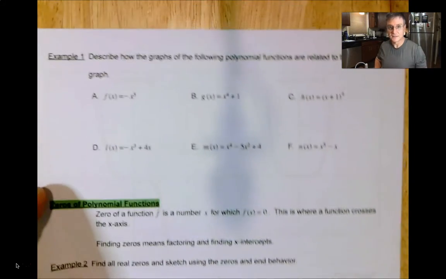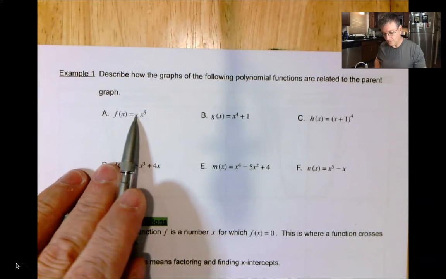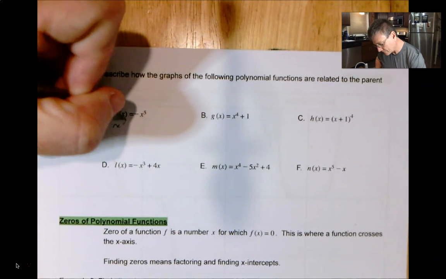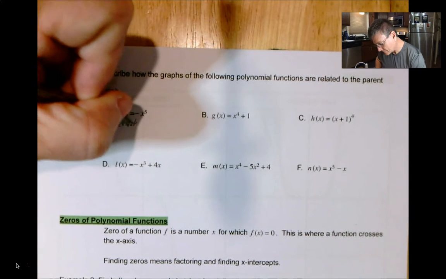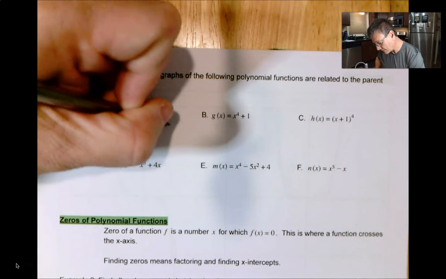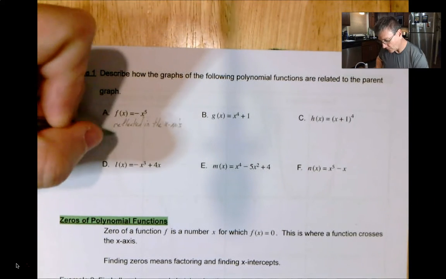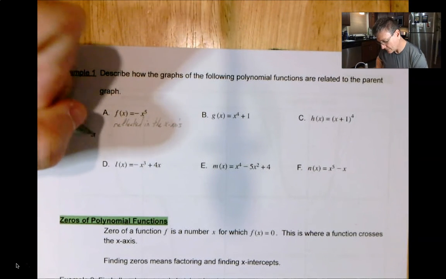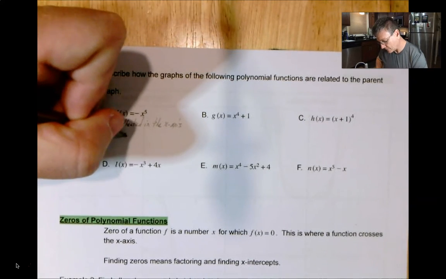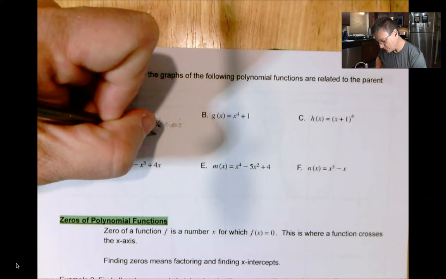Describe how the graphs of the following polynomial functions are related to their parent graph. So here we have a negative out in front, so reflected in the x-axis, and as x goes to negative infinity, y goes to positive infinity.